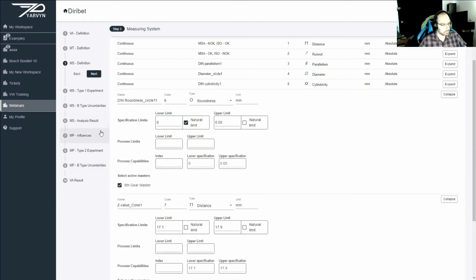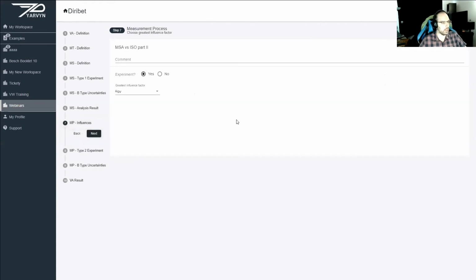But what's important here is that for the experiment type 2, for the measurement process, we need to choose the main factor. The main factor is important. In this case it is reproducibility of the measuring system. This tells us for what factor the ANOVA, the analysis of variance, will be calculated. And we chose this one because in this experiment we compare two different 3D machines from two different vendors.